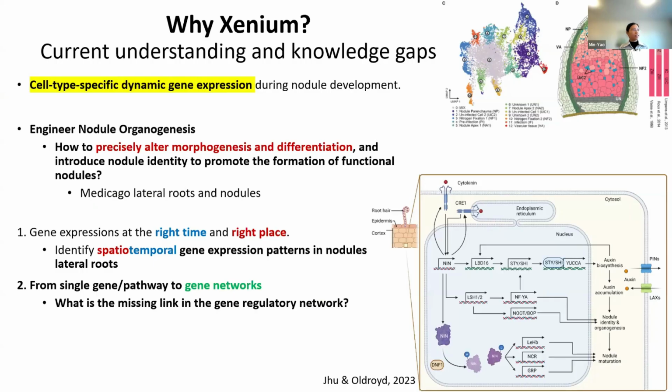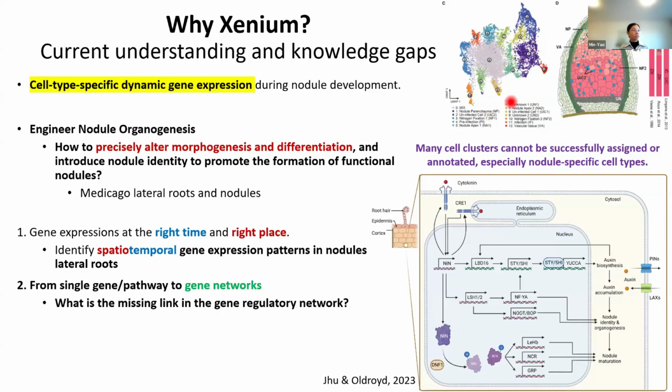Luckily, in the current datasets, we already have several single-cell datasets available in the Medicago nodule system. But what is still missing is the spatial information. During single-cell or single-nucleus isolation, you isolate individual nuclei or protoplasts, and you lose the spatial context.